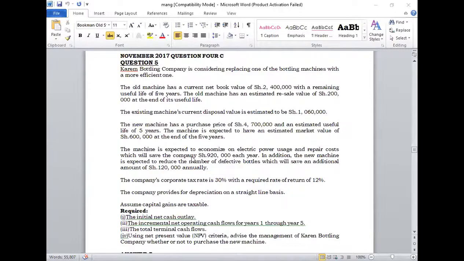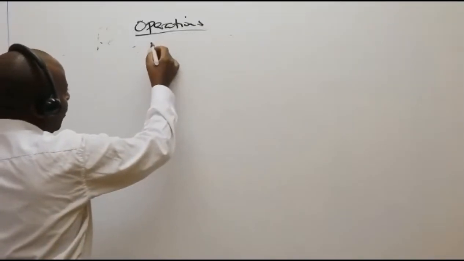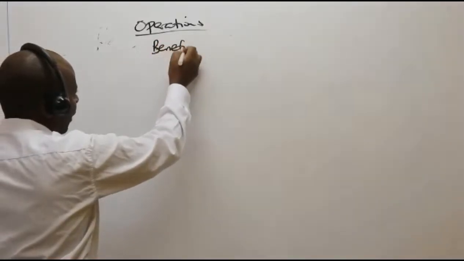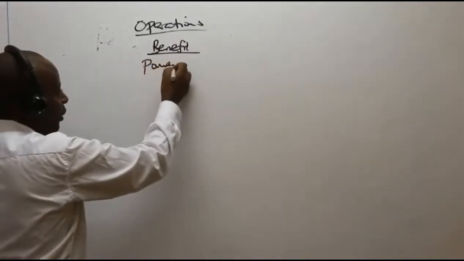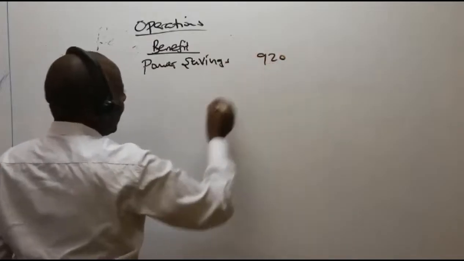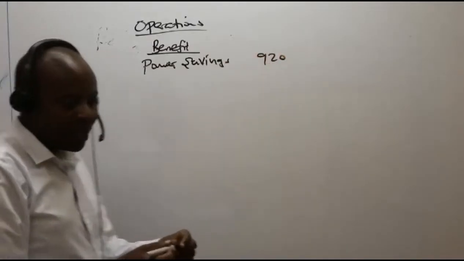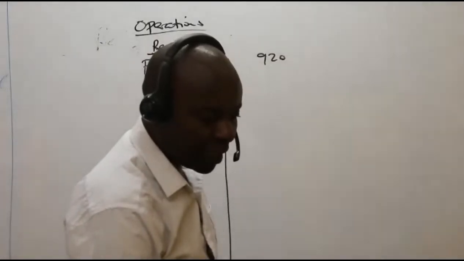The machine is expected to economize on electric power usage and the repair cost, which will save the company 920. I'm cutting the 3 zeros. So power savings. In this case, we are looking at the benefit of having the new machine. So we have here power and repair savings of 920. After that, what else?